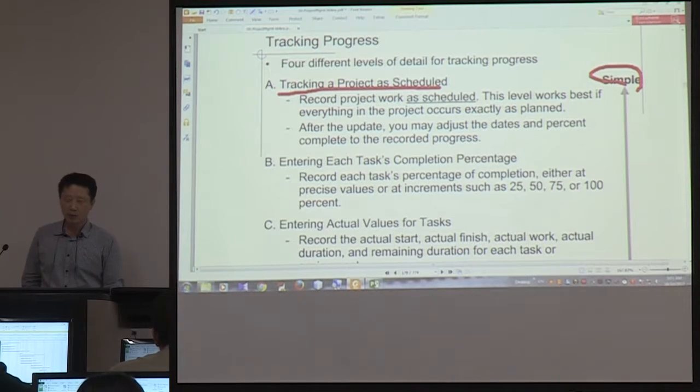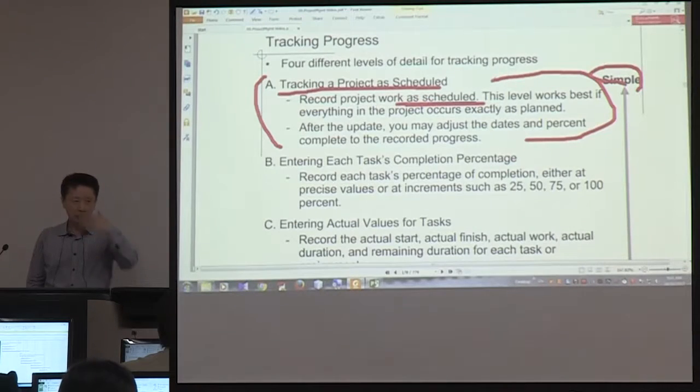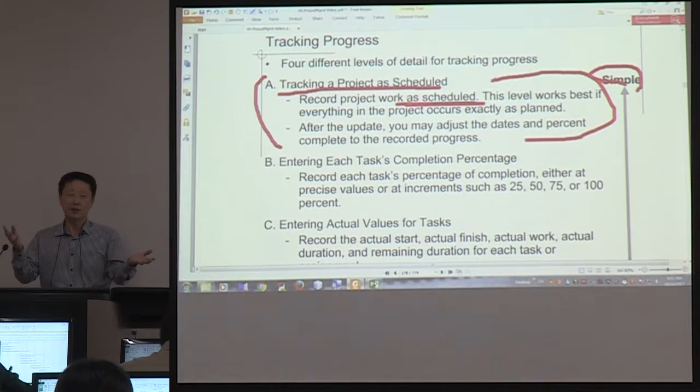So you update your plan and say it is going as scheduled. That is the first level of tracking progress, and it is the simplest way of marking the plan, saying that nothing is different. It is going as planned.